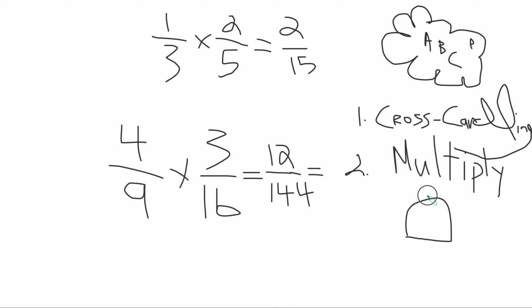What bell rings? Well, when you see 144, you should have a bell that rings. It's 12 squared. 12 times 12. So it's 1 over 12.